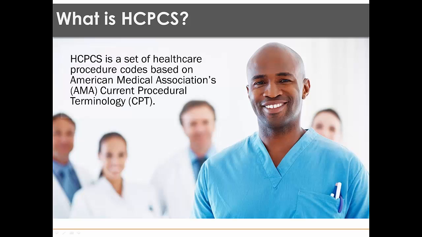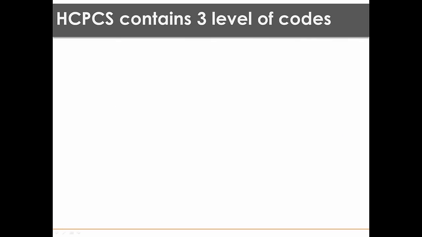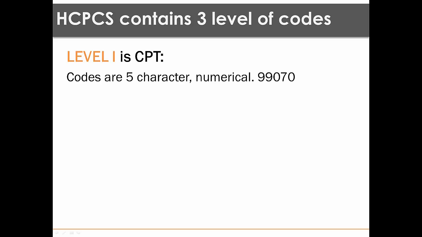HCPCS is a set of healthcare procedure codes based on the AMA's CPT book. HCPCS contains 3 levels of codes. Level 1 is CPT, which you've already learned about. The codes are 5 characters, all numerical, such as 99070.